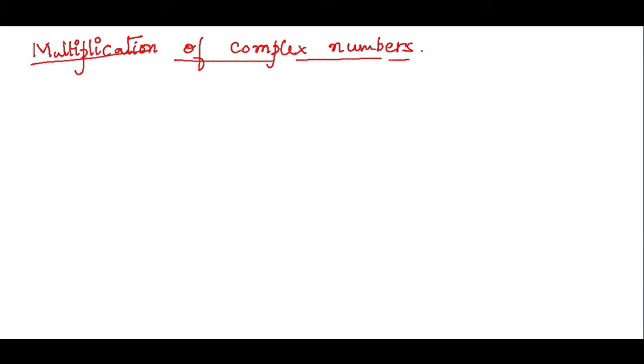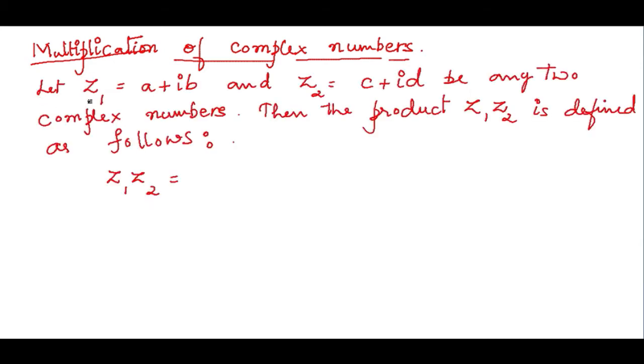So let me write the definition first. Let Z1 is equal to A plus iB and Z2 is equal to C plus iD be any two complex numbers. So the first complex number is taken as A plus iB.